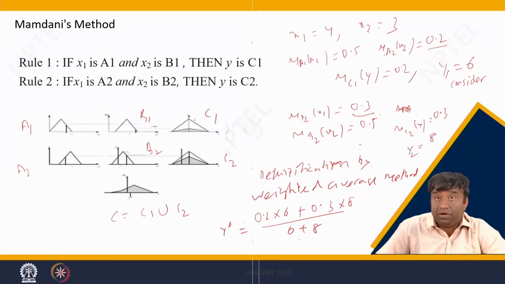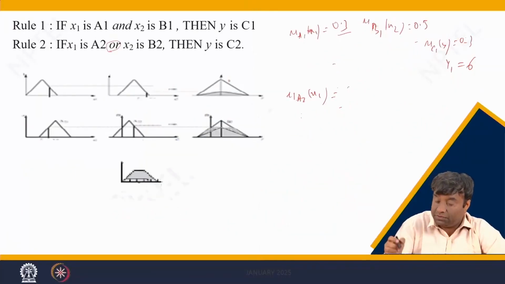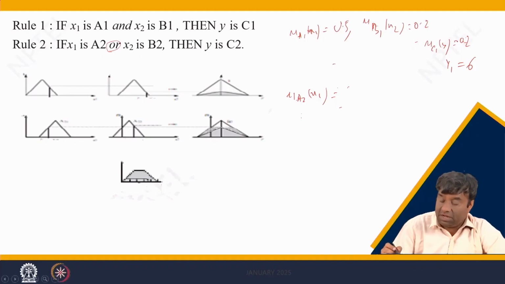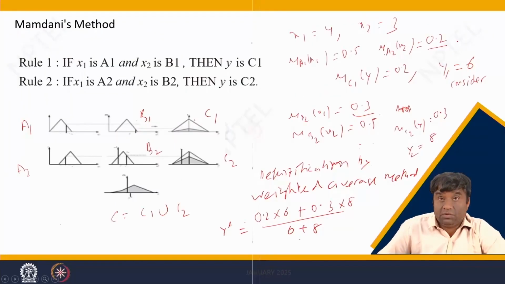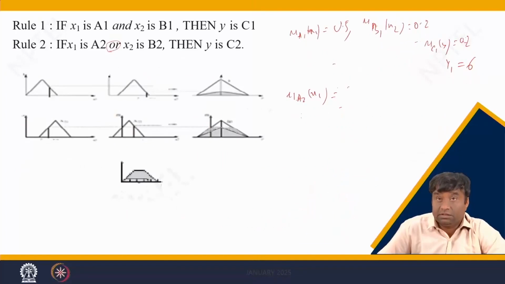So here it is 0.5 and 0.2. So the minimum value is 0.2. So here assume y1 equal to 6. Similarly, mu A1(x1) is 0.3, and mu B2(x2) is 0.5.